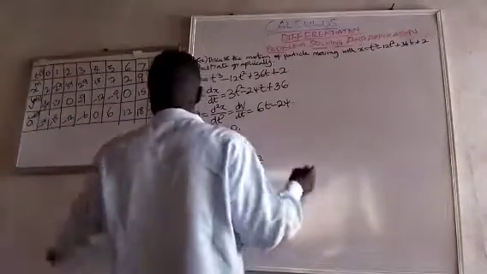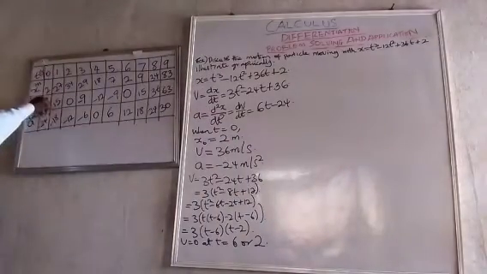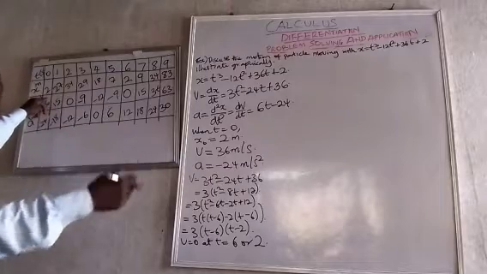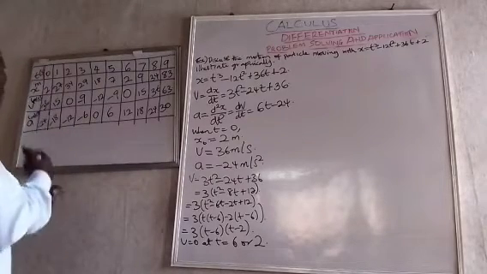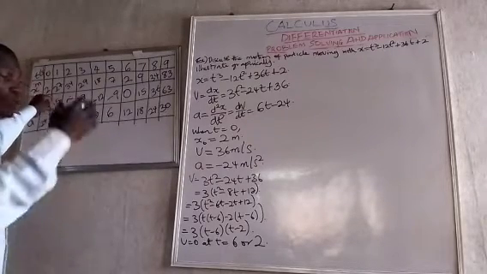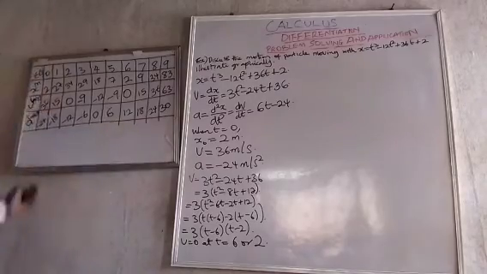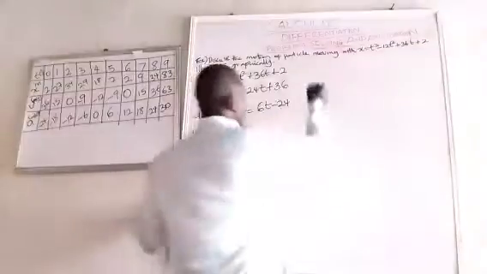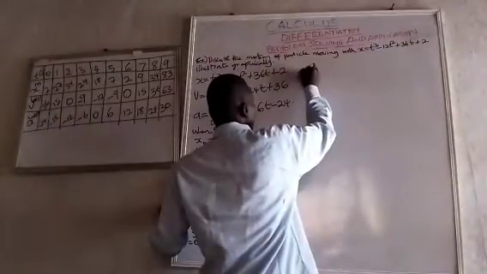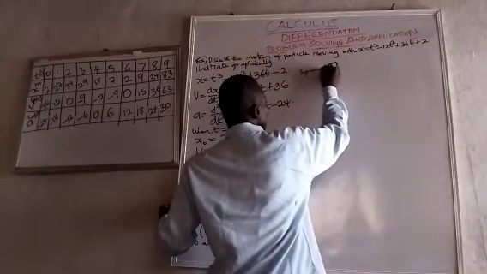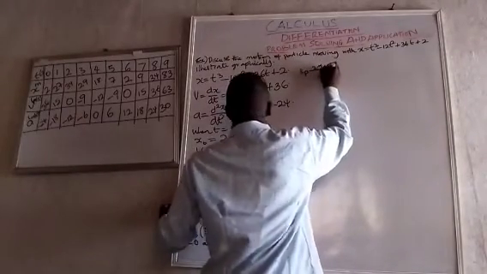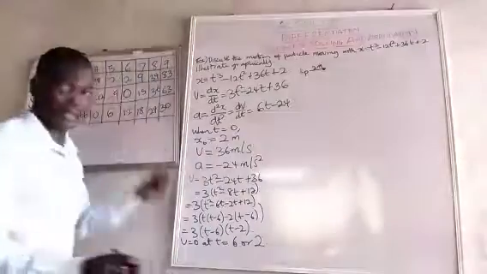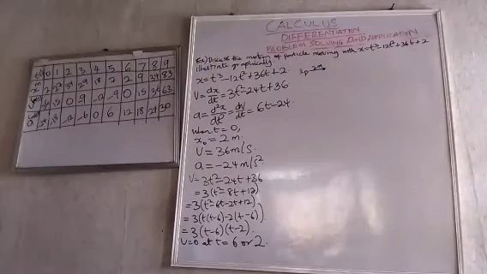We were told that it started 2 meters from the reference point. So that's what it shows here. If this is the reference point, it means that from here, it is 2 meters from the reference point. And then it continued in that form.